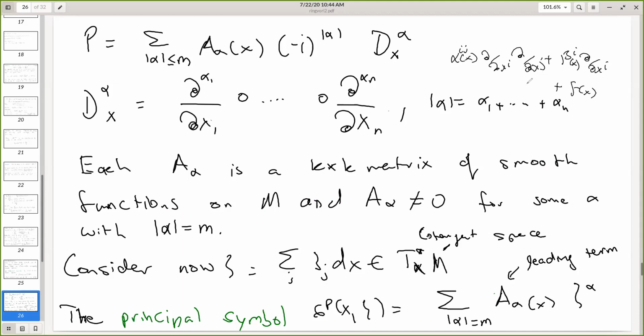This is a differential operator of second order. Here you take the sum over i and j, here you take the sum over i.